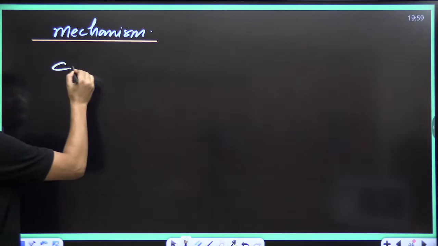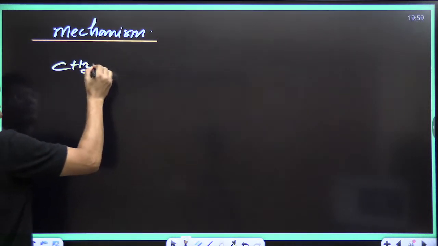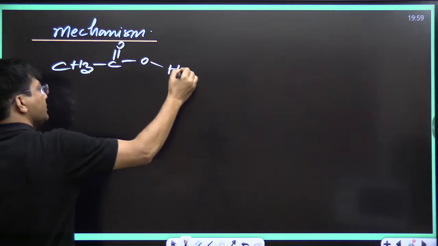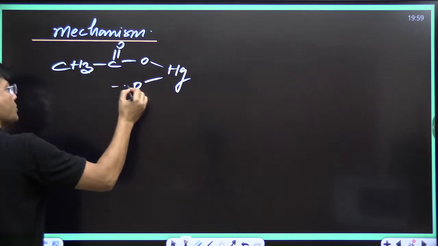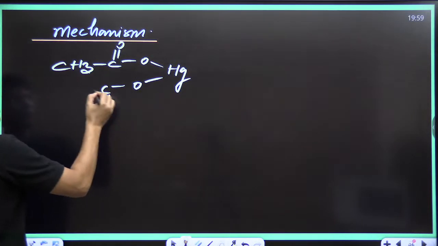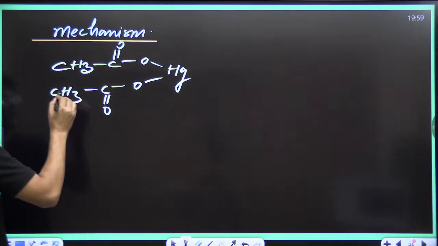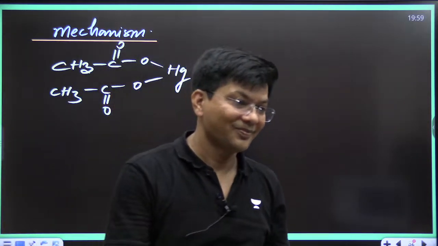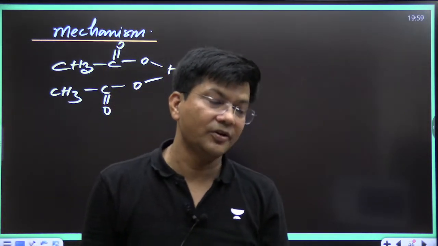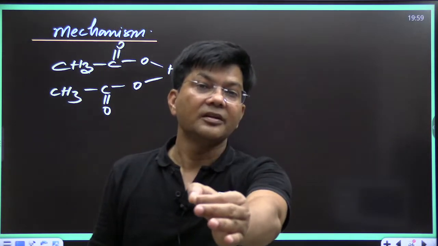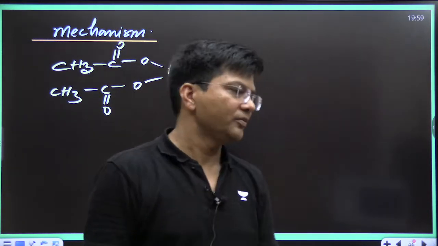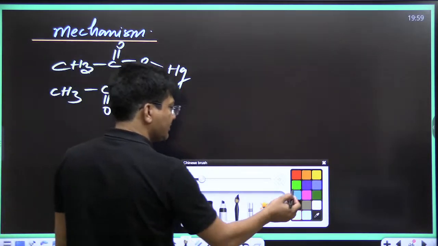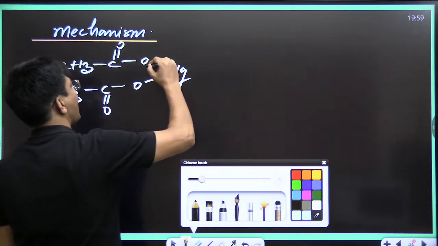This is mercuric acetate, CH3, C double bond O, O, Hg, O, C double bond O, CH3. You know, mercury is a metal. Yeah, Buddha Surya, good. Krishna, good. Mercury is a metal, but liquid in nature. Special type of metal. Now, mercury said, hey, oxygen, I'm going.